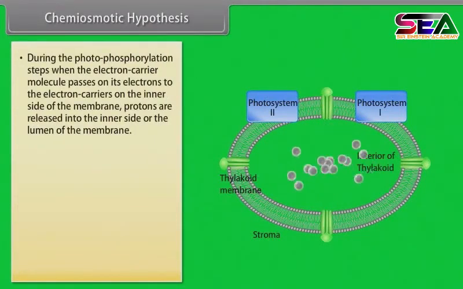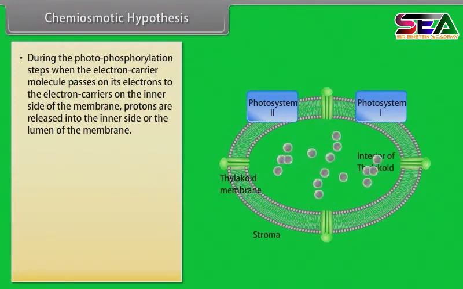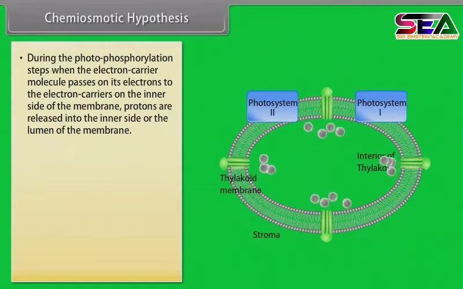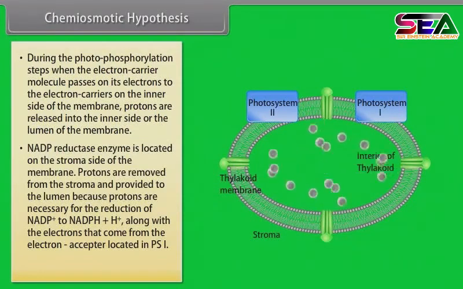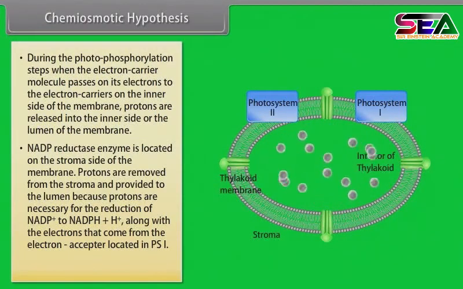During the photophosphorylation steps, when the electron carrier molecule passes on its electrons to the electron carriers on the inner side of the membrane, protons are released into the inner side or the lumen of the membrane. NADP reductase enzyme is located on the stroma side of the membrane.